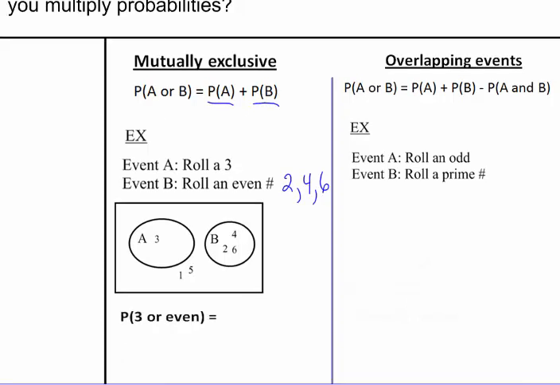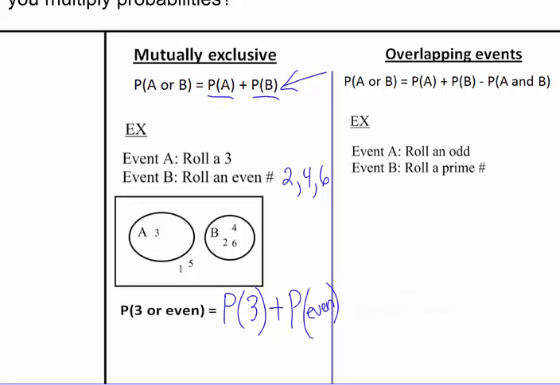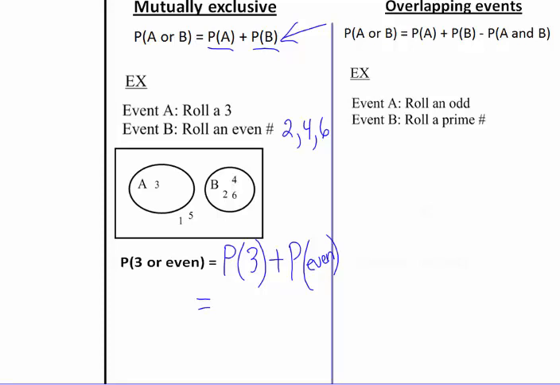So we want to find the probability of a 3 or an even number. If we go back to our formula, it says that if they are disjoint events, you just take the probability of the first one happening and you add the probability of the second happening. So the probability of a 3 plus the probability of an even number. Probability of a 3: how many sides on a number cube total? There are 6 sides. How many ways can you get a 3?